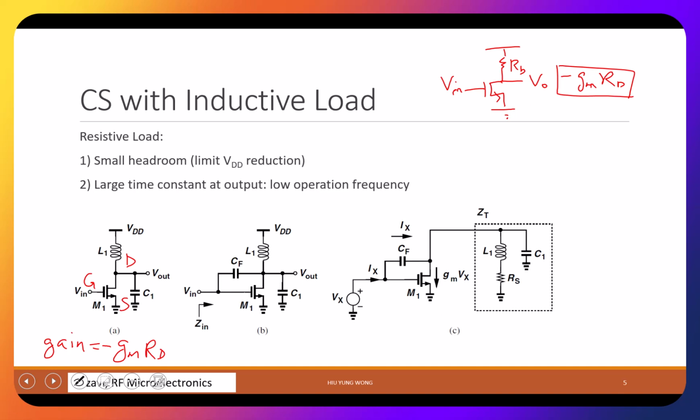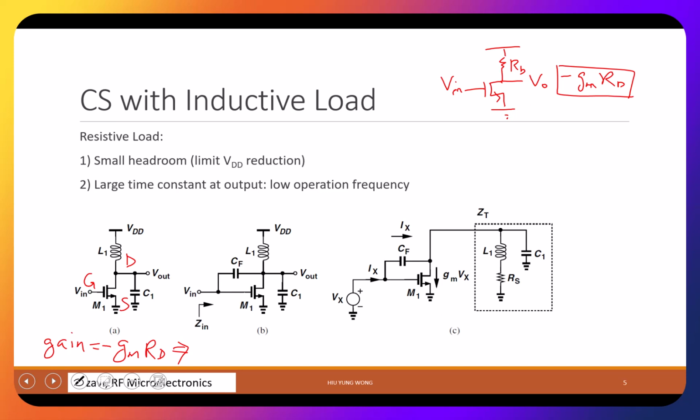But now we don't have this. Because we're talking about high frequency, what is the impedance of the inductor? Yeah, j omega L, right? But at the same time, we also have the C1 here. C1 is the loading capacitance and also the output capacitance, right?